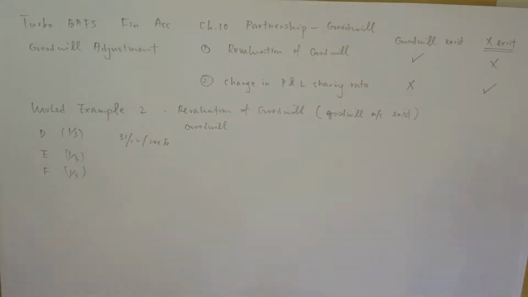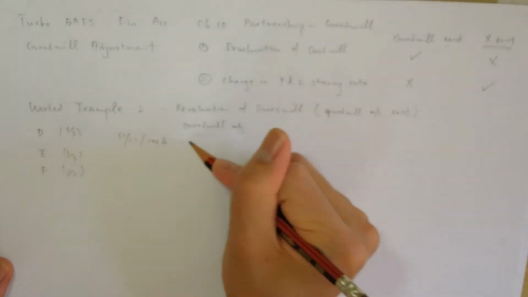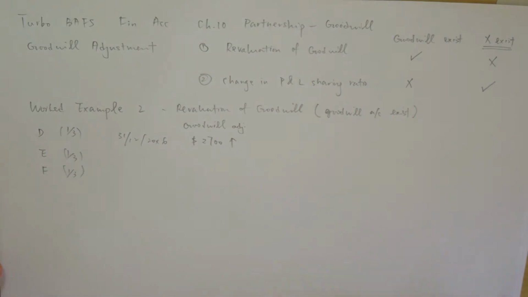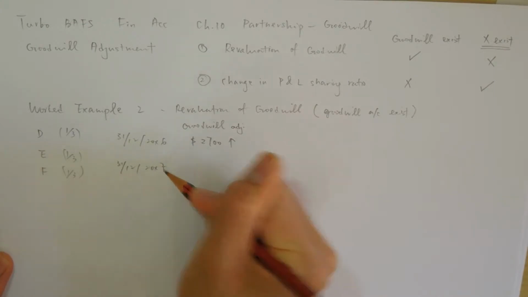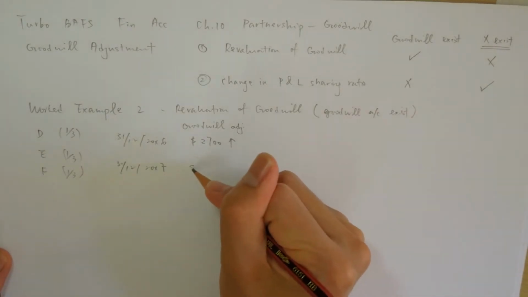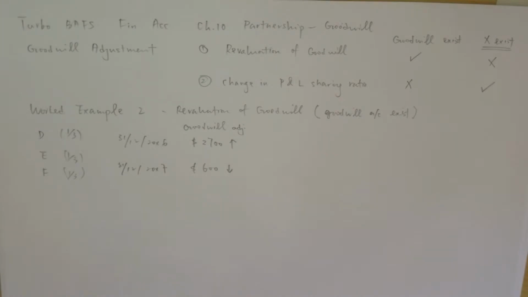So if it's undervalued, then the goodwill we need to adjust is to increase by 2,700, right? And next one, on 31 December 20X7, the goodwill was found overvalued by 600. Therefore, we need to decrease the goodwill by 600.